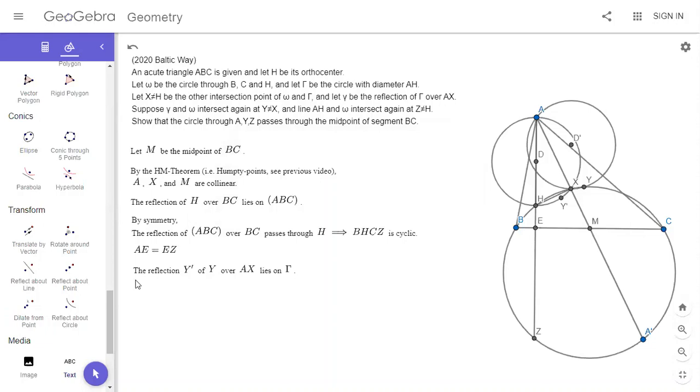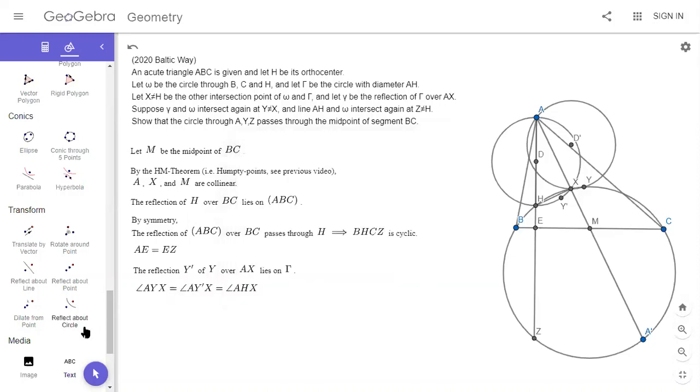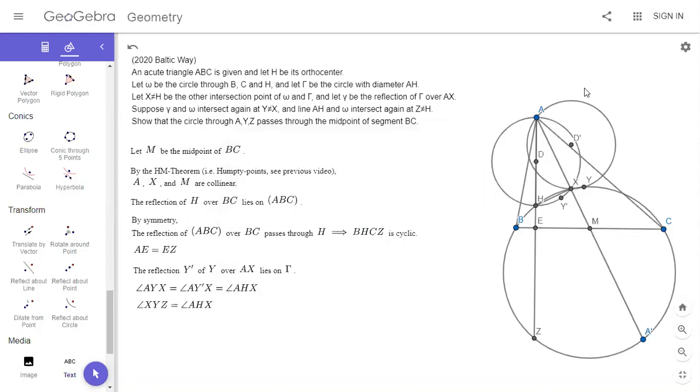So then we have angle AYX is equal to angle AY prime X, which is equal to angle AHX. We also have angle XYZ is equal to angle AHX. And so that means that angle AYZ is 2 angle AHX.